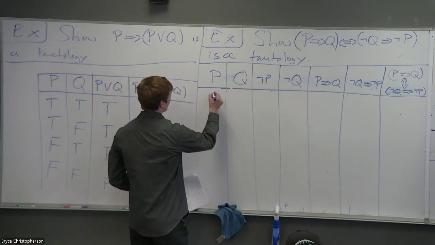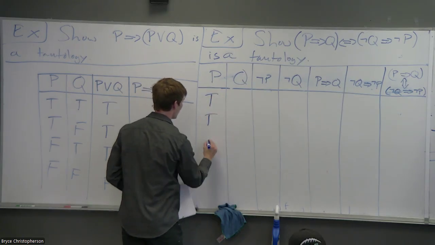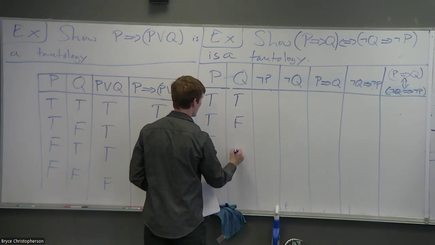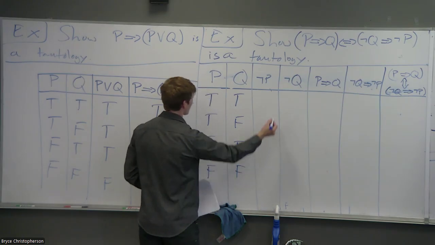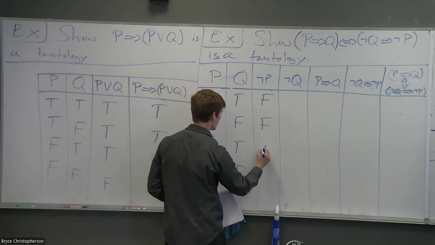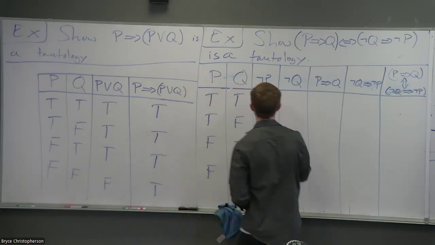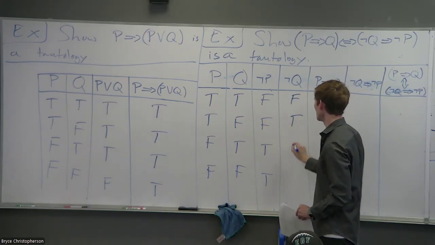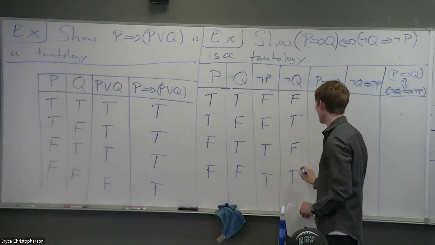let's put them there. So P, you'll have true, true, false, false. Q, you'll have true, false, true, and false. Not P, the opposite of P. Not Q, we'll do the opposite of Q. So false and true, false and true.